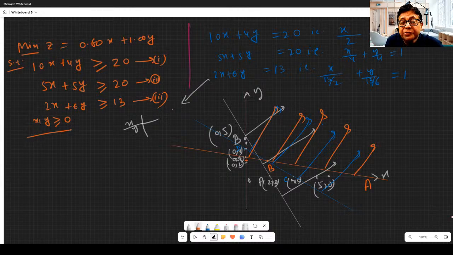B is already taken, so don't take it as B. Only the point of intersection you can take. This point of intersection is E, this one is F, and B.